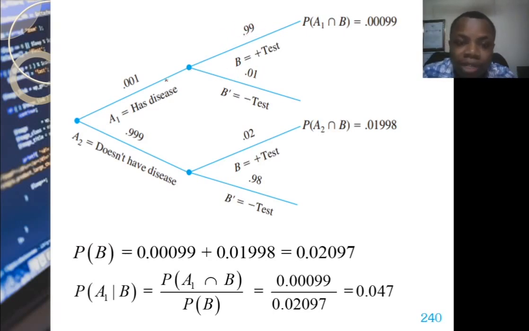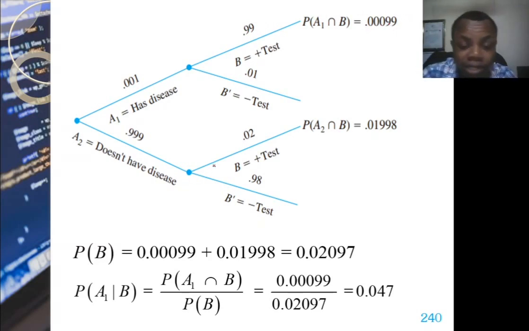Now the probability of you having the disease but the test failing to diagnose you is equal to 0.01 as we have in here. So if we would like to determine our probability of A1 intersection B, this is the same as 0.01 times 0.09, and that is going to give us 0.9999.